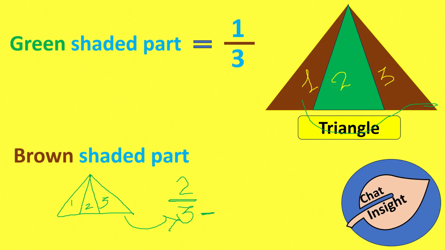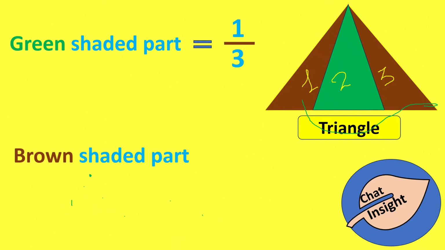So to represent two brown shaded parts, and the down one represents the number of cutting parts. Clear? Maybe it's definitely clear. Hope so, bacha. You got the point from my side.